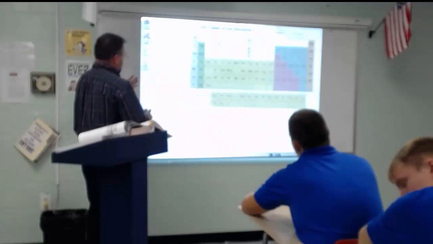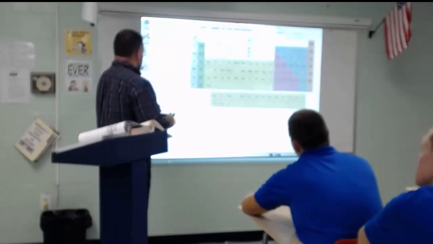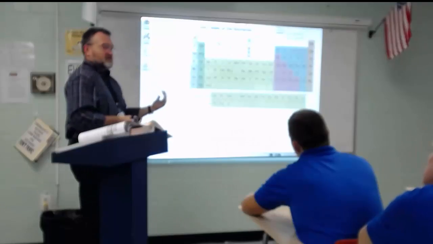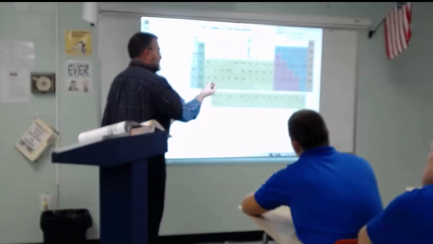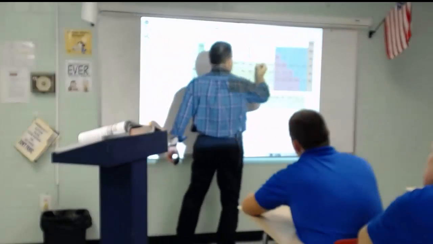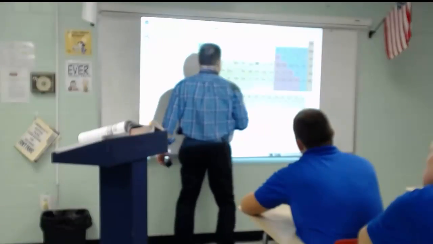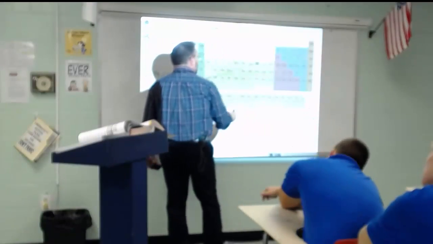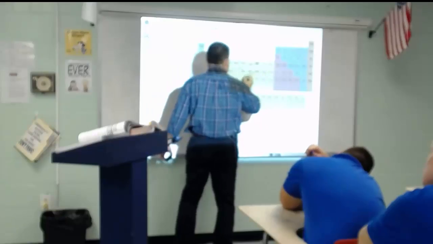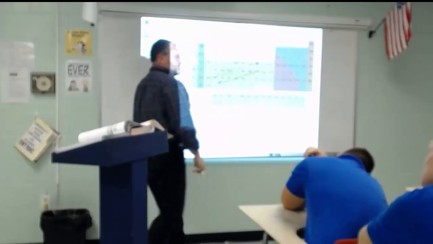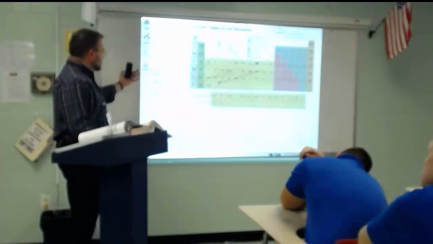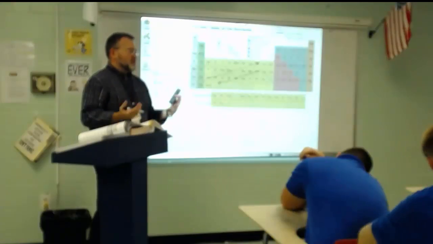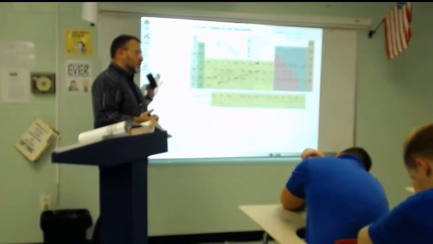The trends for ionization energy, ionization potential, electronegativity, and atomic radius. Looking at a periodic table, I'm going to go ahead and draw the 2 diagonals. And I'm going to say that some of them increase as we go up and increase as we go right, and others increase as we go left and as we go down. So which of these periodic properties increase as we go up or as we go to the right?